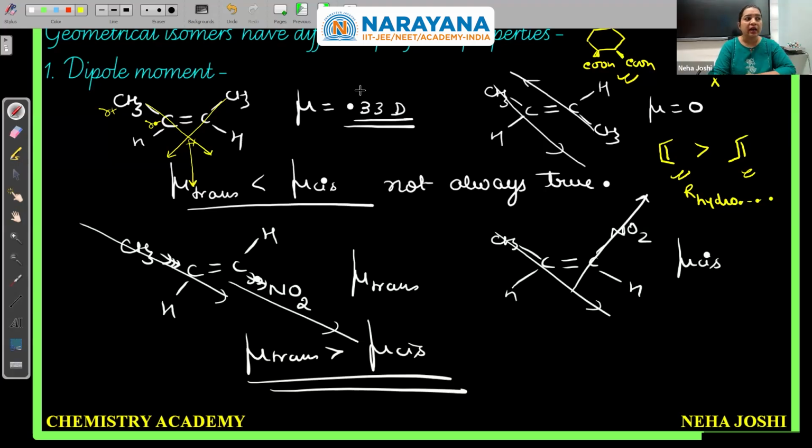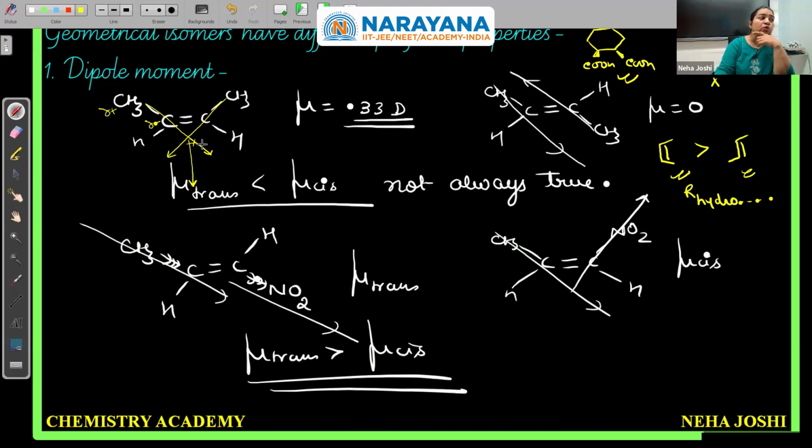And as a result, I have a 0.33 D value for cis 2-butene. Whereas in case of trans, they are cancelling each other. So net dipole moment we observe is 0. And yes, we do not consider this carbon hydrogen dipole. It is very, very less or negligible.